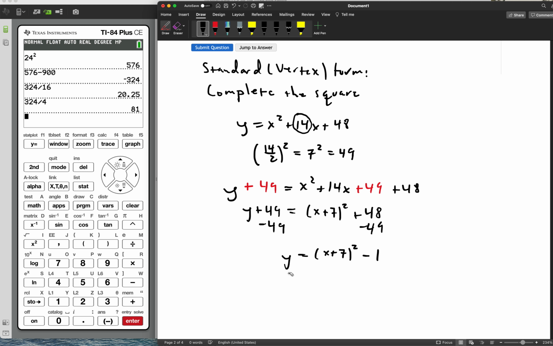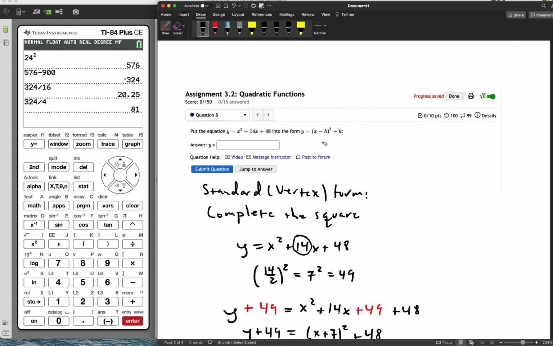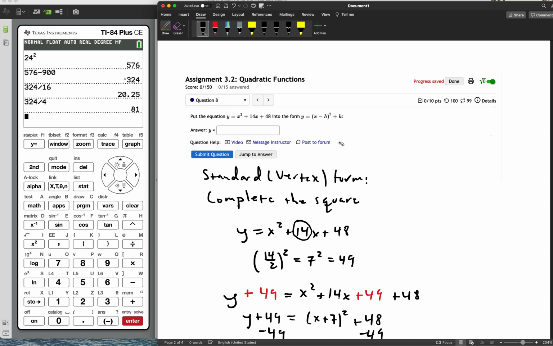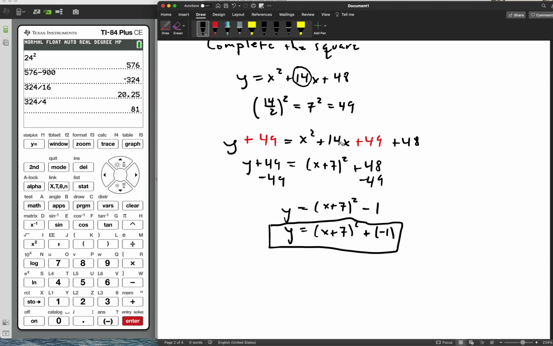Sometimes this is also written y equals x plus 7 quantity squared plus a negative 1. In this problem, this would be our answer, since they're looking for x minus h squared plus k. This tells us the vertex v is equal to negative 7, negative 1.